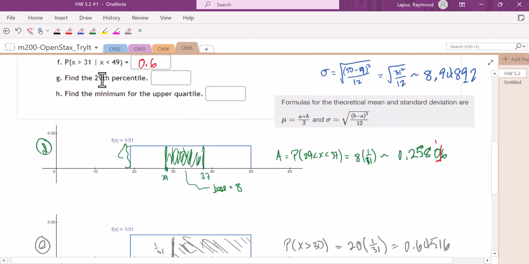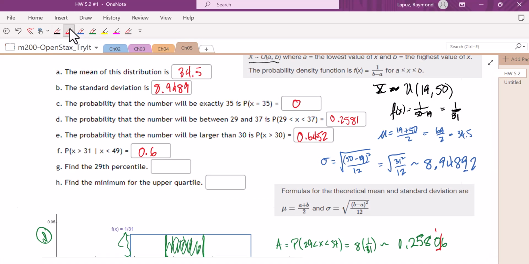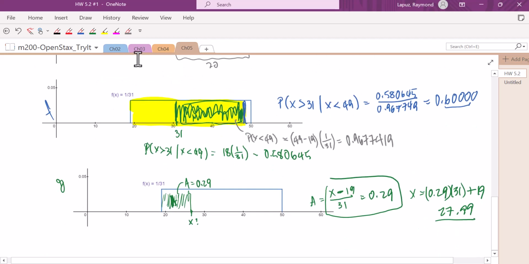All right, so we'll go ahead and put 27.99, and then finally find the minimum upper quartile. Using the same box over here, if we break this up into half and then half again, the upper quartile would be this value here. Let's call this one Q3, because that's what the upper quartile is.